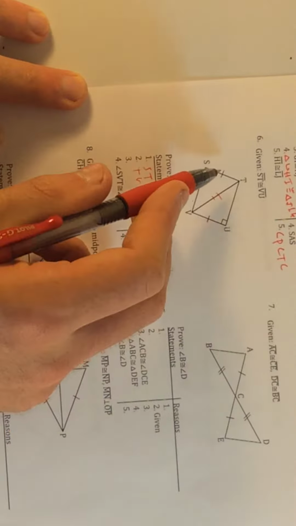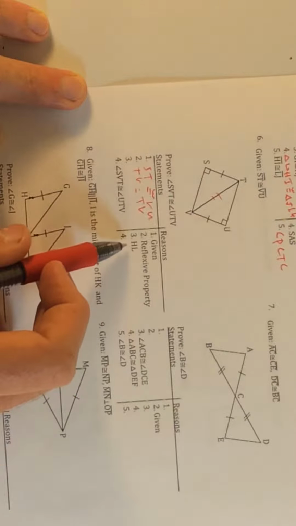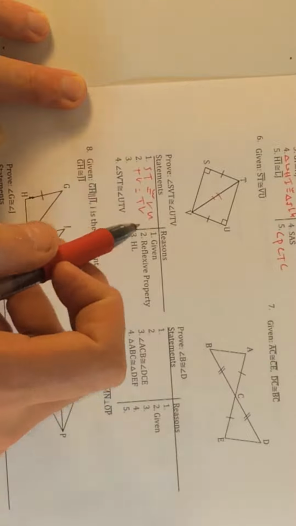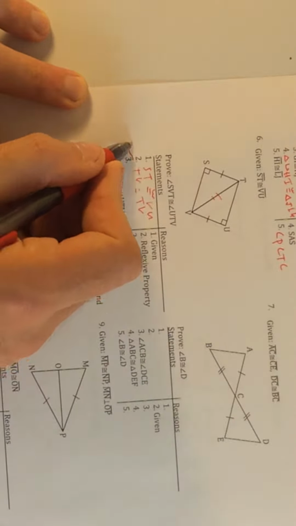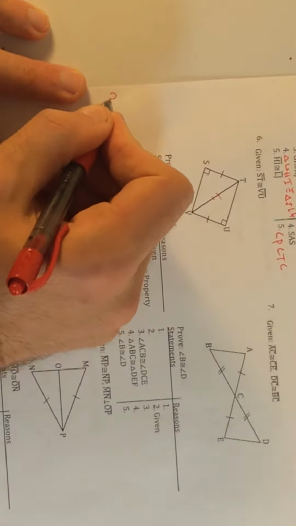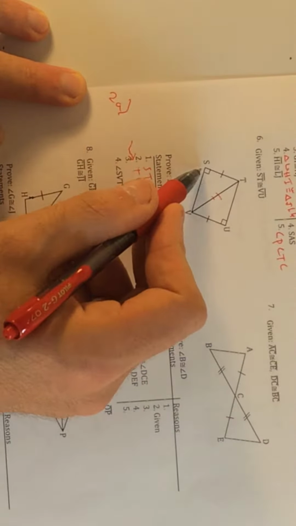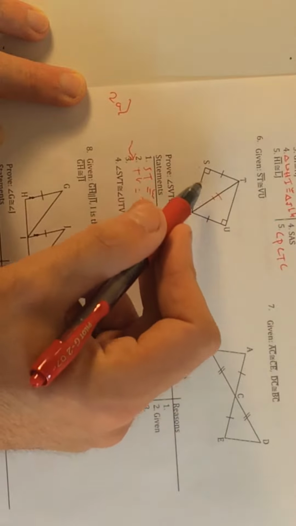Okay, so right now we have two sides, and so they want to go into HL, which is one of our proofs for congruence, but I actually think we should have put in one additional step. I'm going to call this step 2A. And that is that angle S is 90 degrees, and then angle U is 90 degrees.